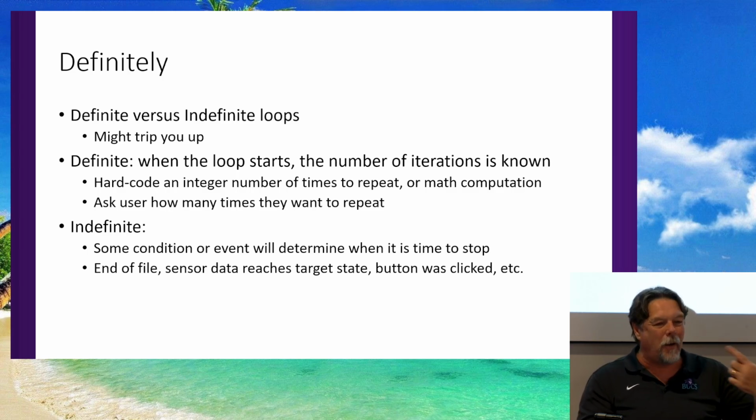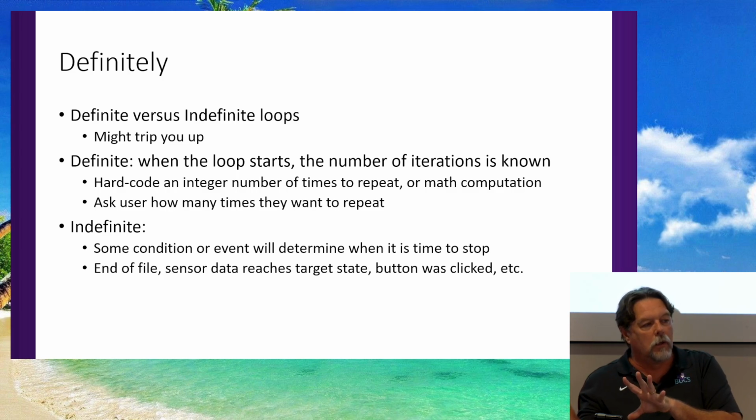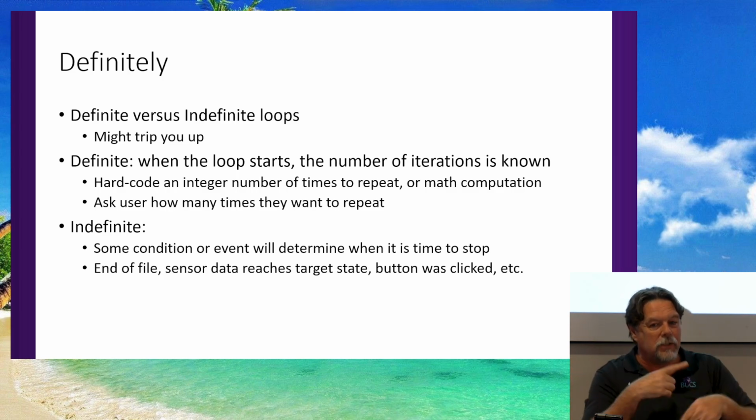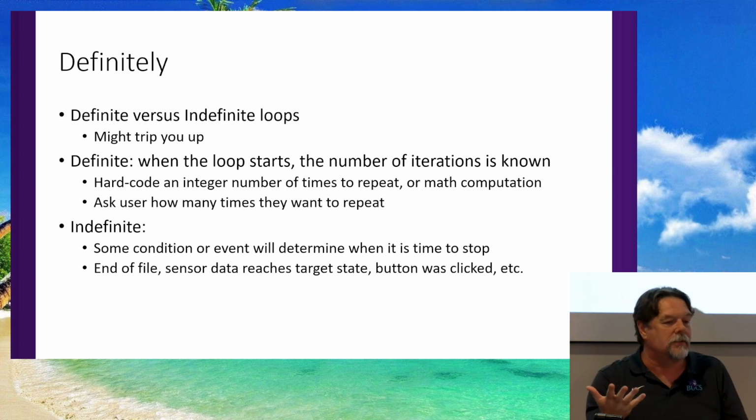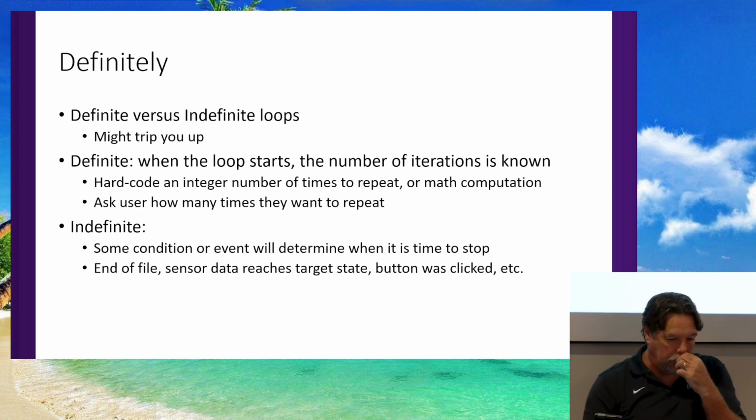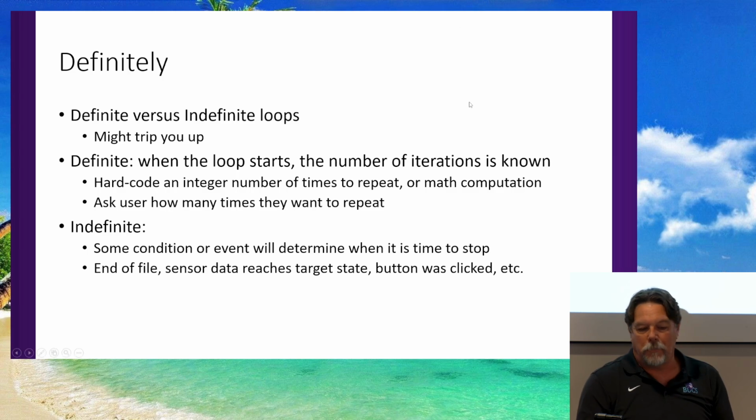You don't know how many times you're going to iterate with no motion before you get to a point where, has there been any motion? Oh yeah, there's been some motion. Okay, we'll start the camera. You don't know how many times it's going to loop until that condition occurs. So in that case, it's indefinite repetition. That's the distinction that they're trying to make here. And so that's the reason I pointed out, it can be a little tricky if you're trying to reason it out.